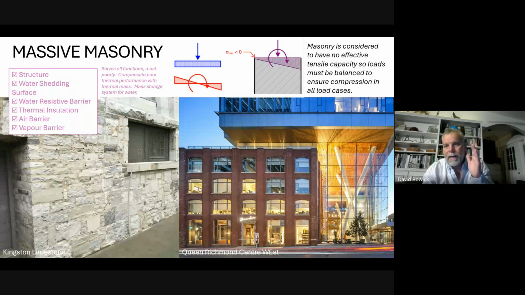We put a small amount of insulation on the inside to improve the thermal performance, and we put a vapor barrier on the inside so that water vapor migrating out can't condense within the wall. But we make sure that we don't over insulate that wall, because we don't want the wall to get too cold.